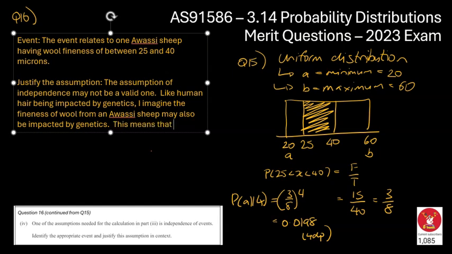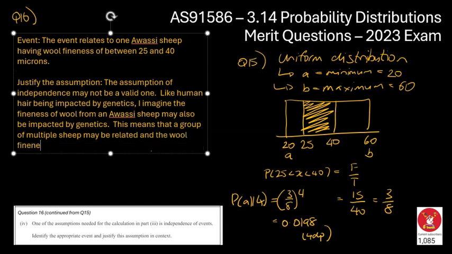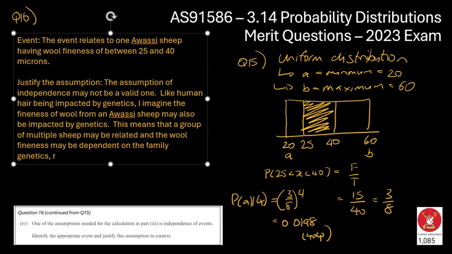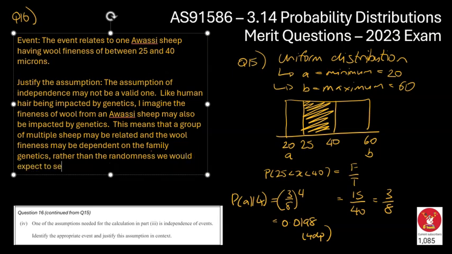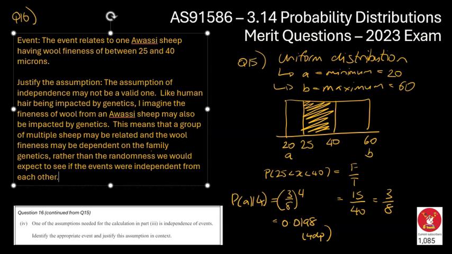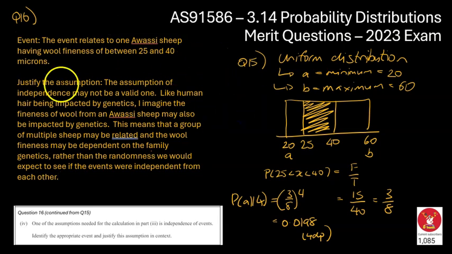So this means that a group of multiple sheep, because we are picking 4 sheep, remember, so we're probably picking them from a group of multiple sheep, may be related, and the wool fineness may be dependent on the family genetics rather than the randomness we would expect to see if the events were independent from each other. There we go. So hopefully that makes sense.